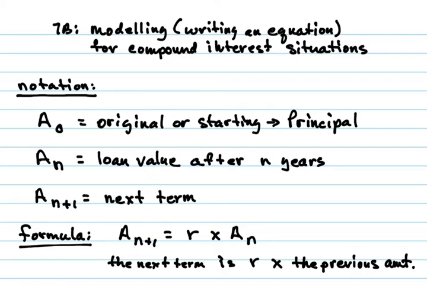Because a sub n is the one we had, and a sub n plus 1 is the next one. So if I'm looking for the third year, I'll simply multiply my r, whatever it is, times the second year to find it. Which is good news for you, because your calculator can do that automatically.